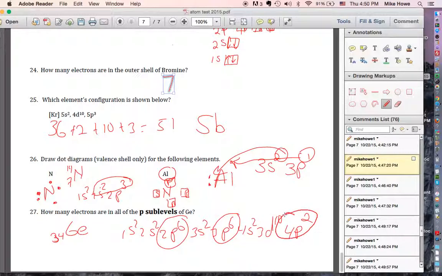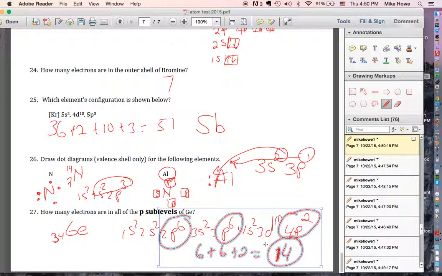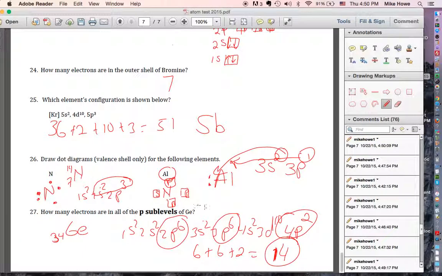Number of electrons in the 4p, there's 2. So 6 plus 6 plus 2 equals 14. And that is the number of electrons in all of the p sublevels of germanium. I was going to draw an arrow. There we go. 14.